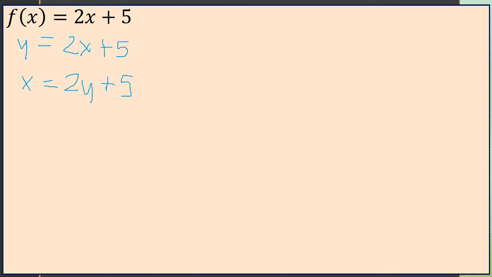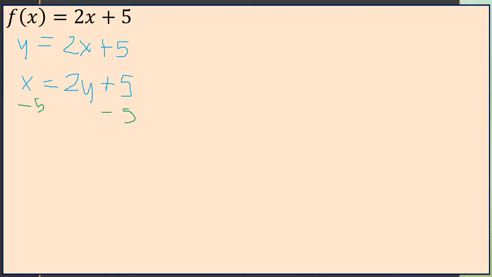Kung napapansin nyo, meron tayong 5 dito. At since kailangan nating isolve yung y in terms of x, ililipat lang natin yung 5 na yan sa kabila, katabi ng x. So we're just going to subtract both sides by 5.